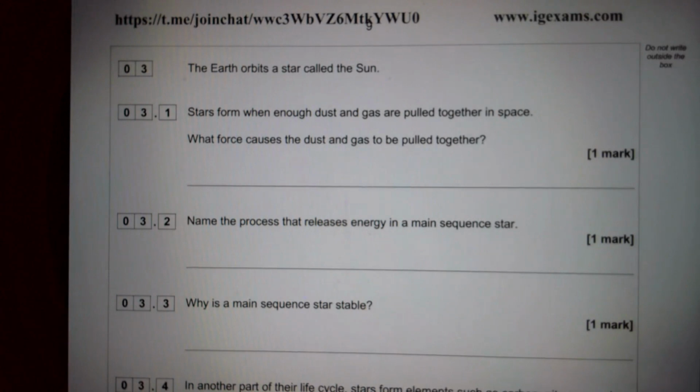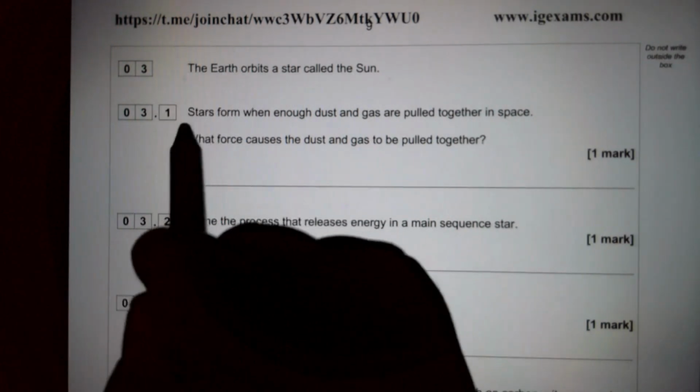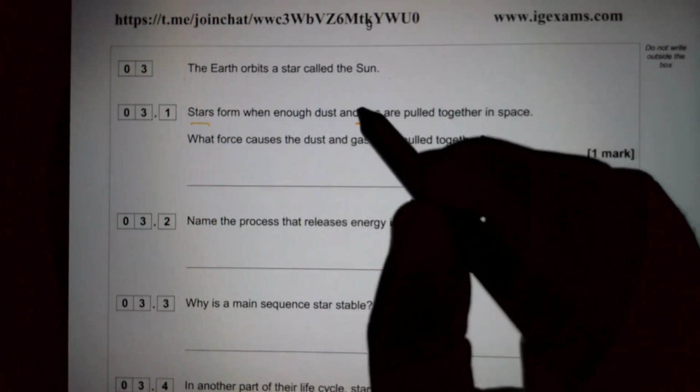So guys, let's check here now. Question 3.1. Stars form when dust and gas, yes, there are two common gases, hydrogen and also helium. We know that helium is a noble gas, are put together in space.